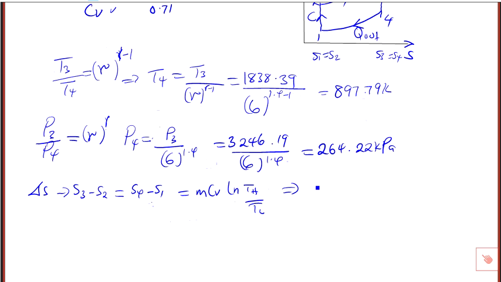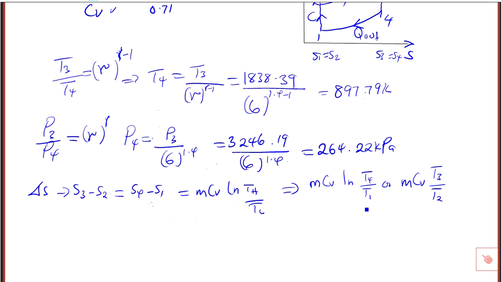You can either take mCv ln T4 over T1, or mCv ln T3 over T2. You will still get the same answer.